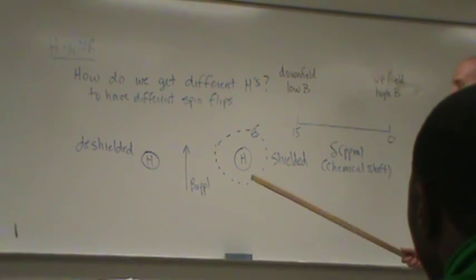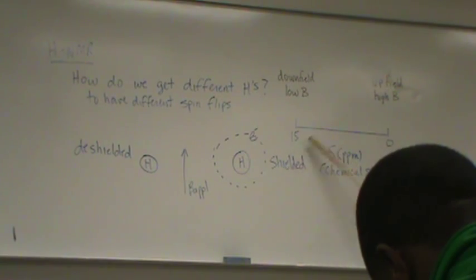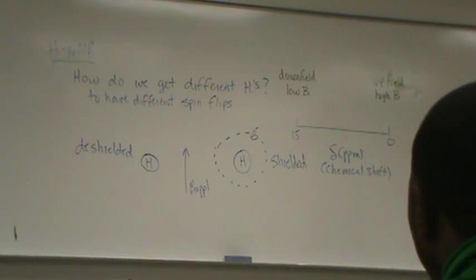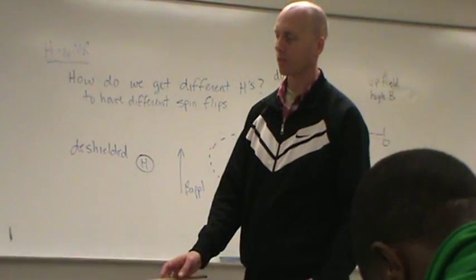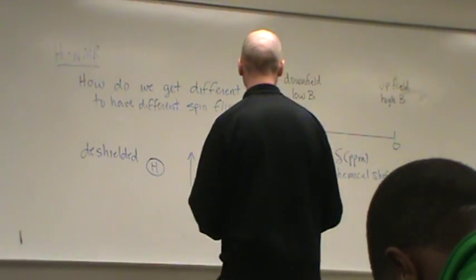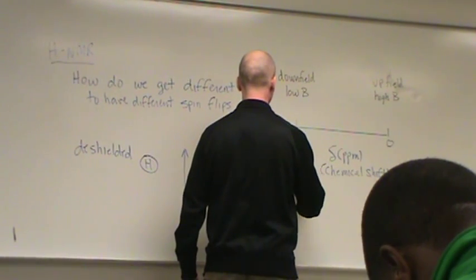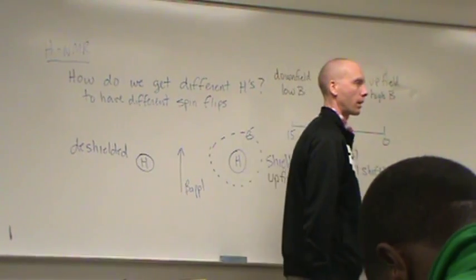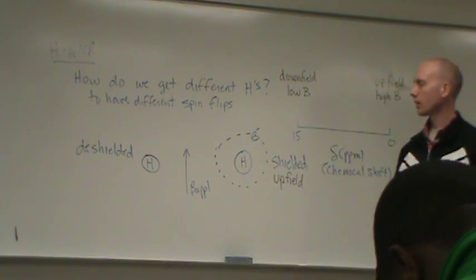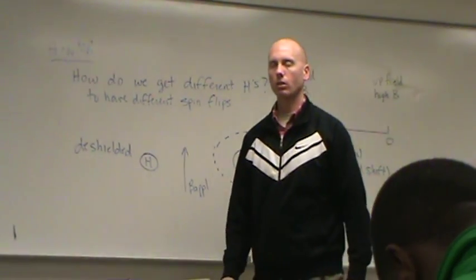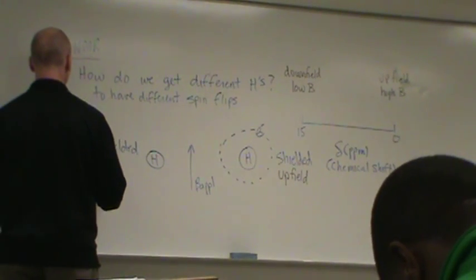I need to have a higher magnetic field, don't I? So where are these going to occur? Upfield. Important. So shielded hydrogens occur more upfield. De-shielded hydrogens occur where? Downfield.